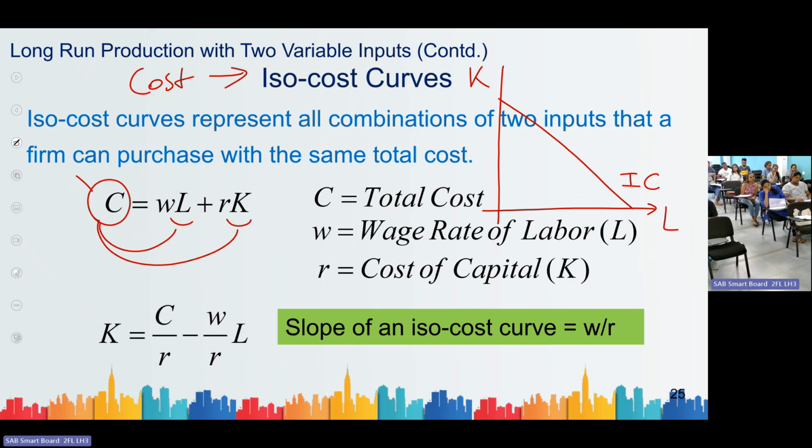So total cost has two components, labor cost and capital cost. Cost of labor is wage rate multiplied by number of labor units utilized or employed.